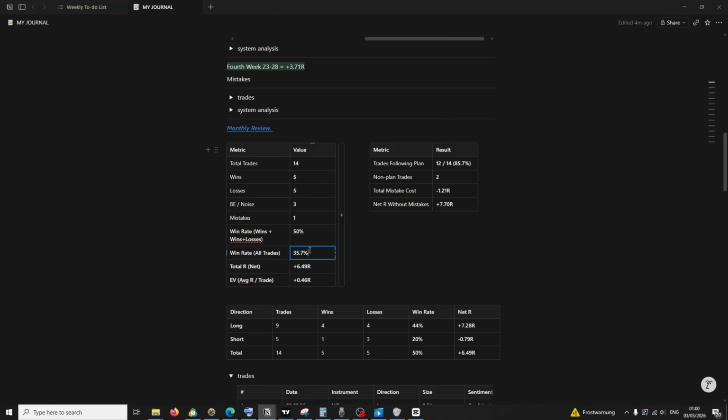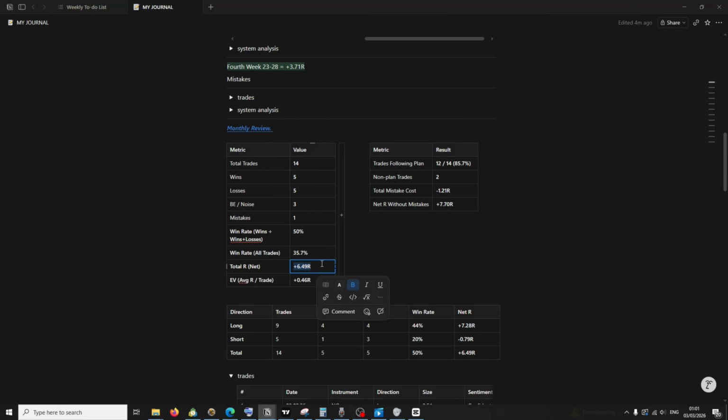For this size this is not really relevant, but it's good to see how we performed throughout the month. We ended up with a total net R that is almost a 7% increase this month.